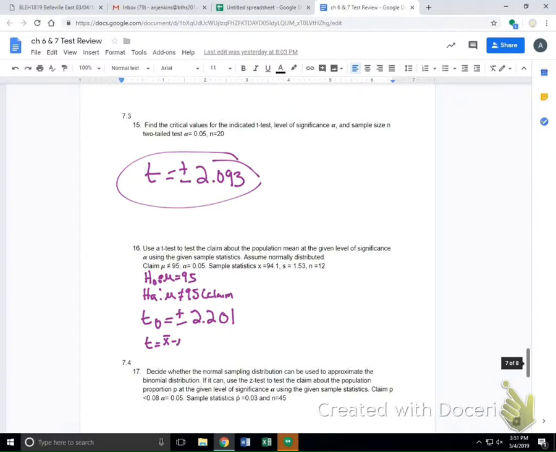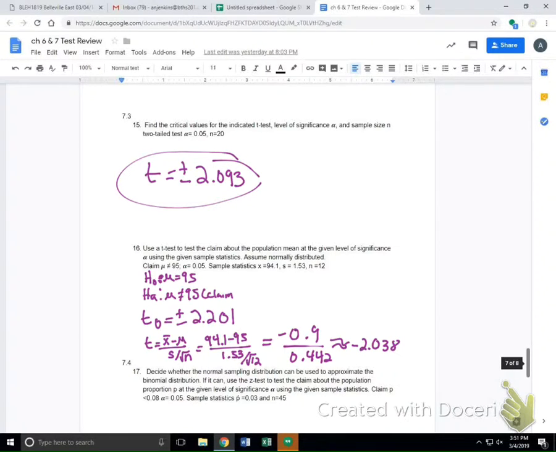Now we calculate our t value: x bar minus mu all over s divided by the square root of n. 94.1 minus 95 all over 1.53 divided by the square root of 12. If you simplify the numerator, you end up with negative 0.9 over 0.442, which is approximately negative 2.038.